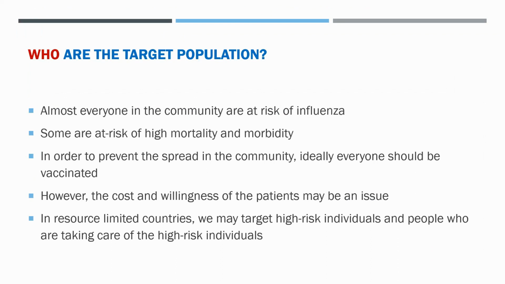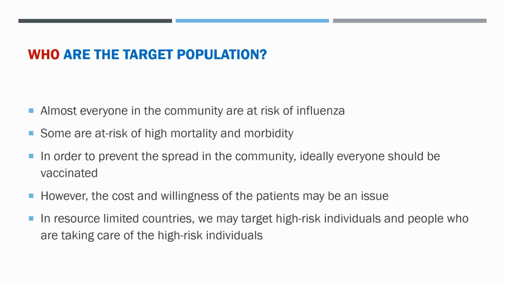So who is the target population for influenza vaccine? I would say almost everyone in the community who is at risk of influenza, because it affects a wide spectrum of people. Some are at higher risk of mortality and morbidity, as outlined previously.